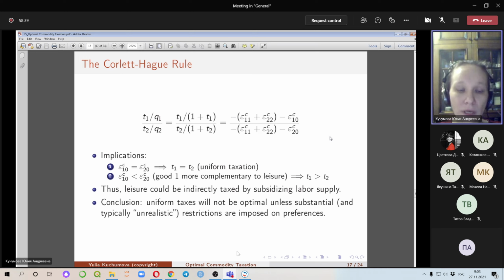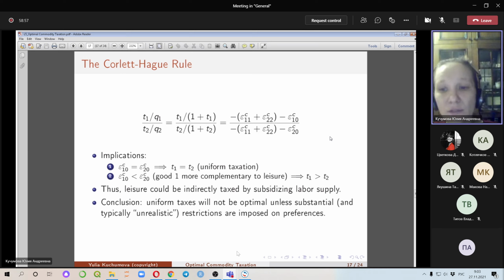We also could have the case when they are not equal. For example, it could be that epsilon 1 0 is less than epsilon 2 0, meaning that good 1 is more complementary to leisure, right? So it reacts more when we change the price of leisure.